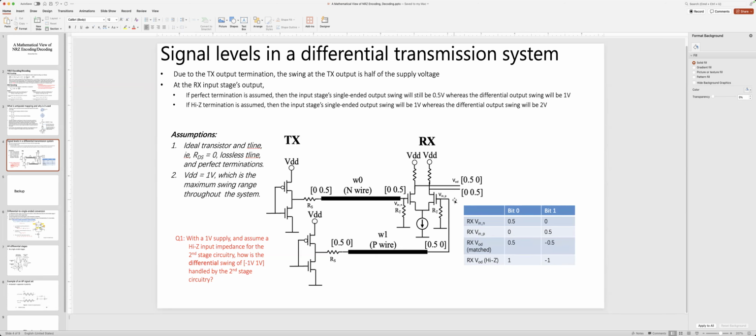However, in reality, we usually do not use differential circuitry in the inner stages in op-amp or SerDes circuits.